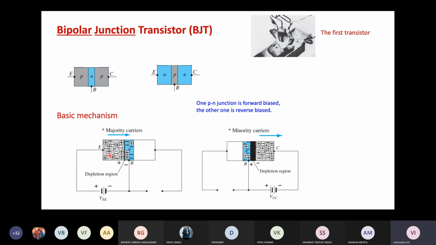Sometimes we apply a voltage on the emitter terminal, and the base terminal is connected to another part of the circuit. So there is a voltage source that is just connected to the emitter terminal, and that way this EB junction becomes forward bias.